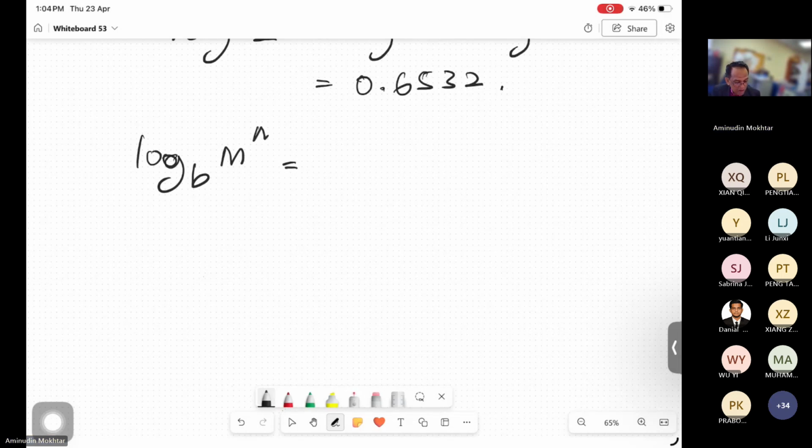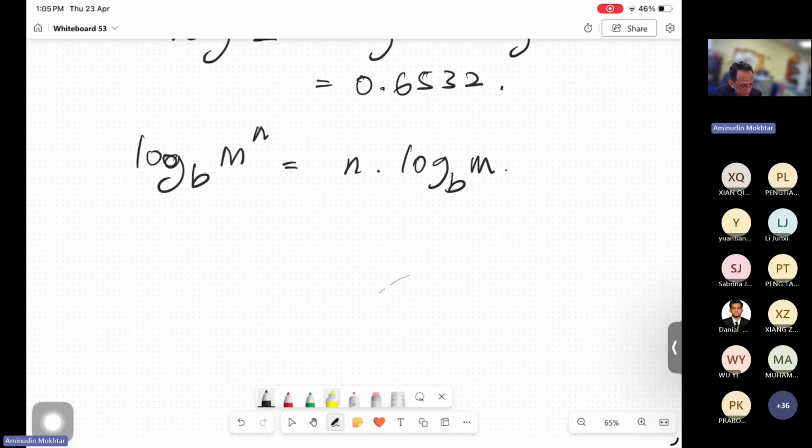In this case, if we have the log base b of m to the power of n, it is equal to n times log b of m.